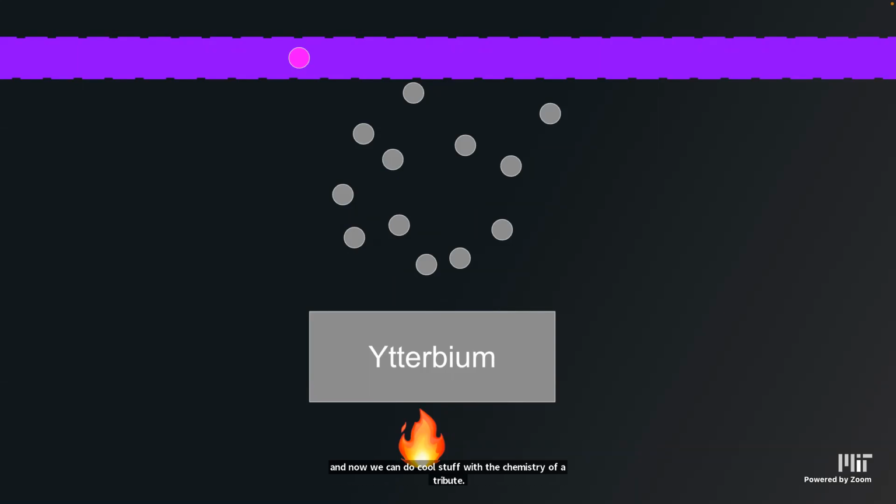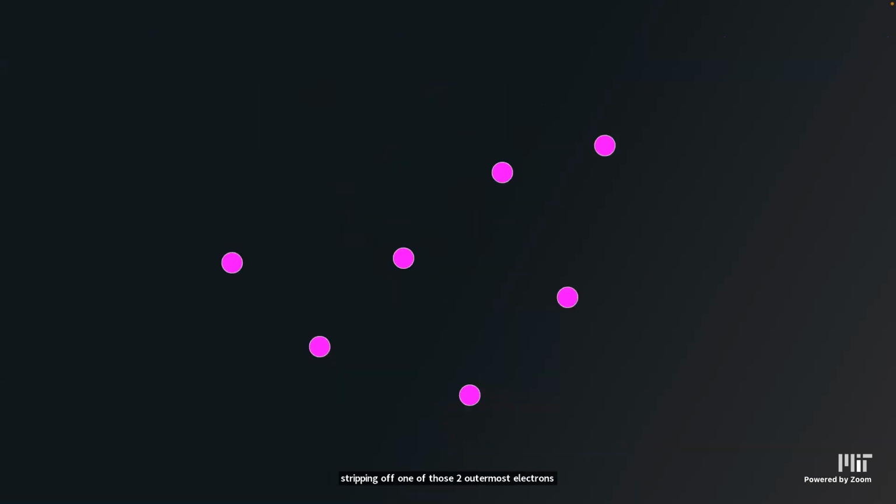That's what this beautiful purple bar represents. We are stripping off one of those 2 outermost electrons. Now we have hot, positively charged ytterbium. The reason it has to be charged is we're doing ion trapping with ions, logically, and it's that positive charge that allows us to easily control and move these ions around with electromagnetic fields.